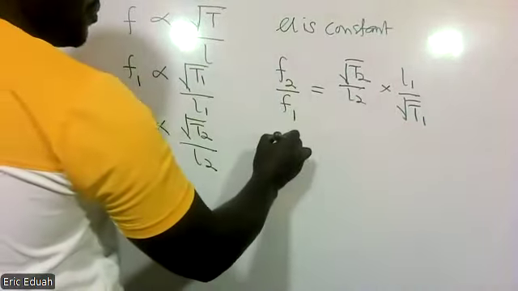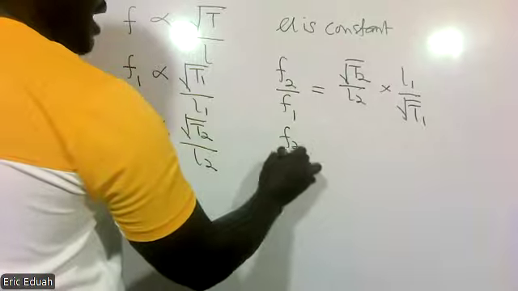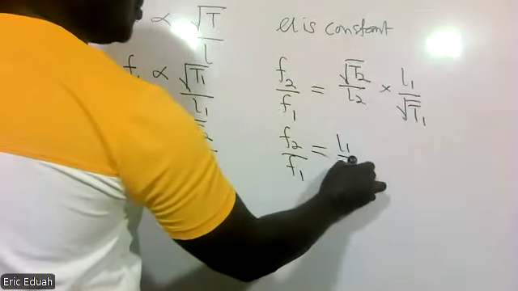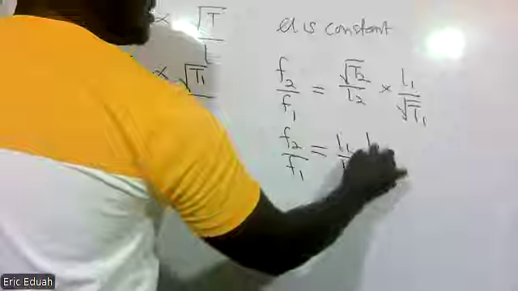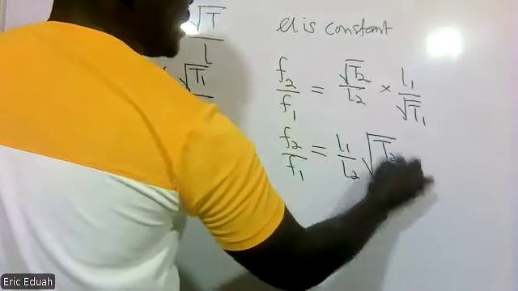Therefore, we have F2 over F1 equal to L1 over L2 times the square root of T2 over T1.